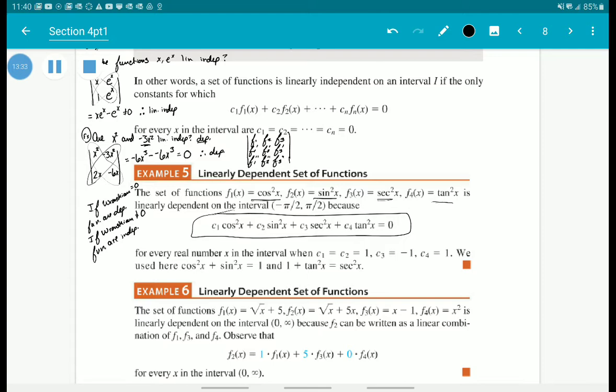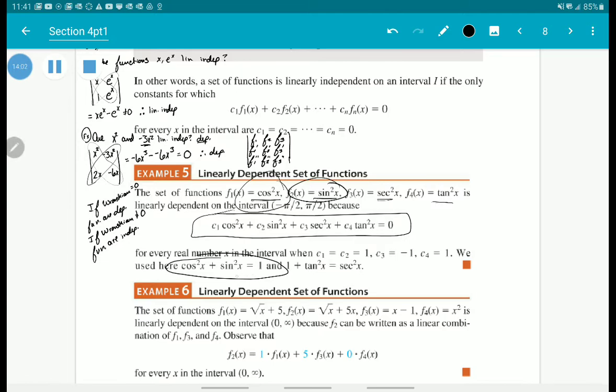We know that to have independent functions, we cannot write one as a combination of the other ones. Is there a way you could write this in terms of another function? And the answer is yes. We could write sine squared in terms of cosine squared because there is a Pythagorean identity that connects those two: cosine squared plus sine squared is equal to 1.